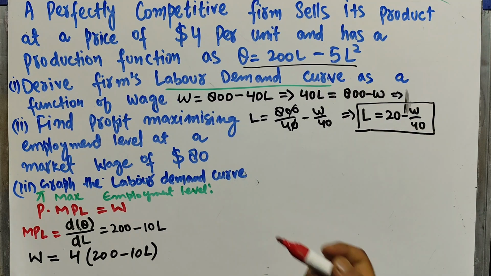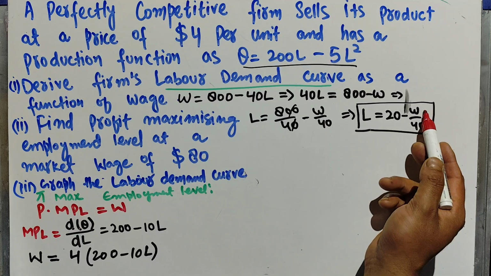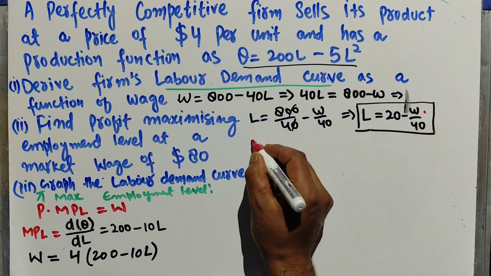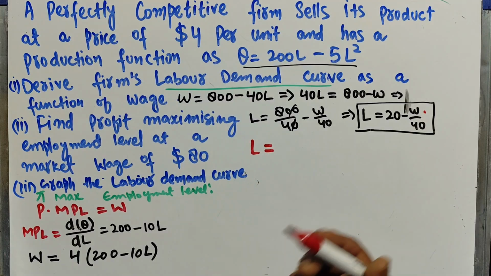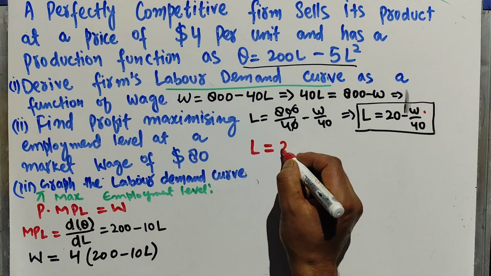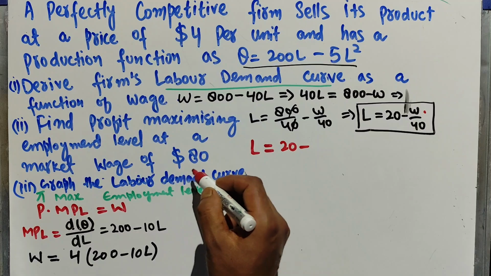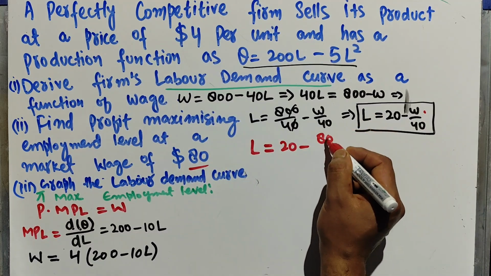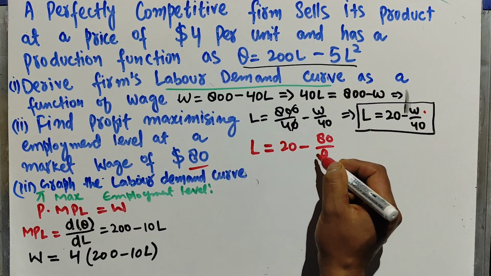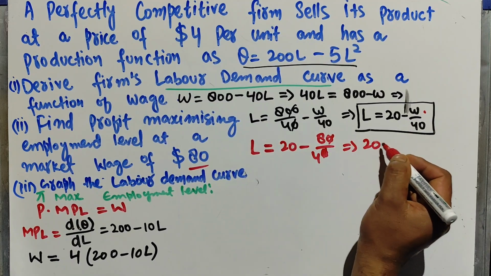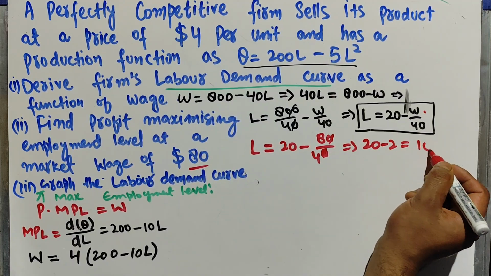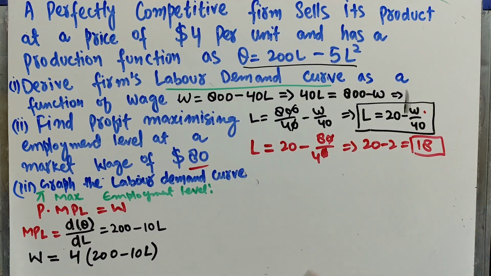Simply plug in W = 80: L = 20 - 80/40 = 20 - 2 = 18. So 18 units of labor will be employed at a market wage rate of $80.